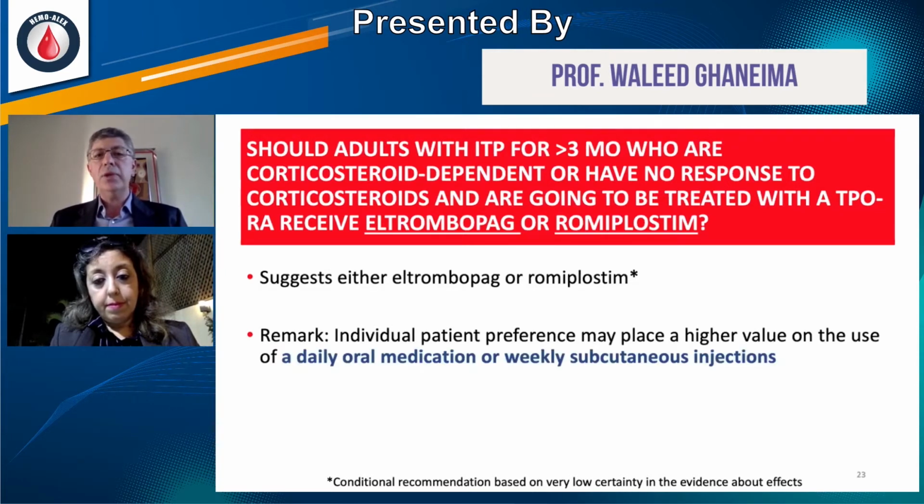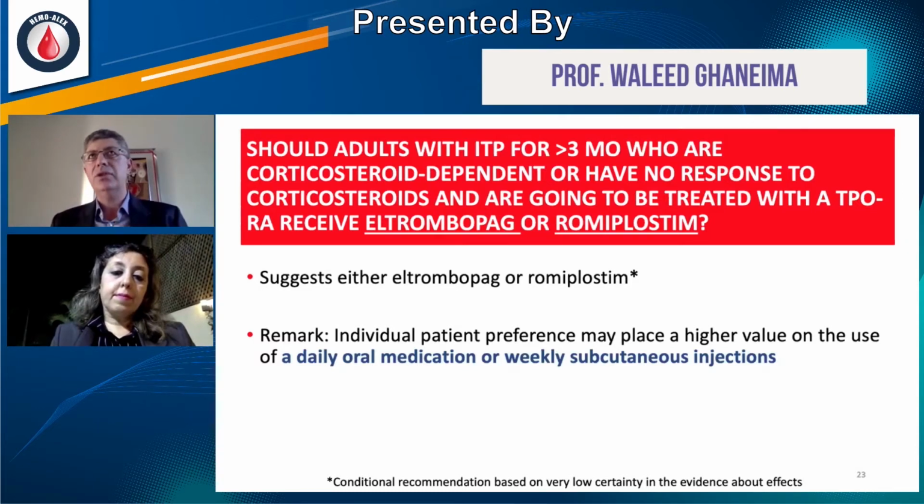So I always ask the patient whether they prefer an injection once a week and that's all, or a daily tablet where you have to take care not to eat or drink milk or dairy products before and after, so the patient takes the decision, him or herself.